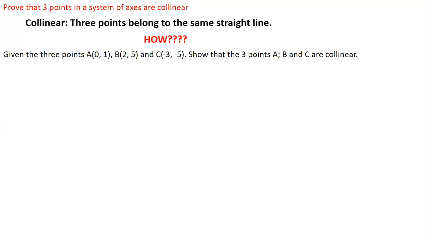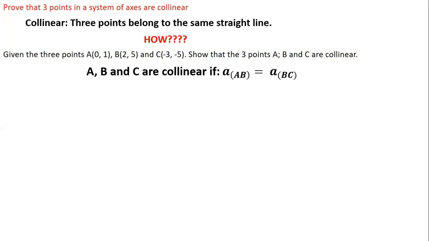We said that 3 points are collinear if they belong to the same straight line. And the most important thing in a straight line is it has a slope. So if A, B, and C are collinear, all of them have the same slope? Yes.